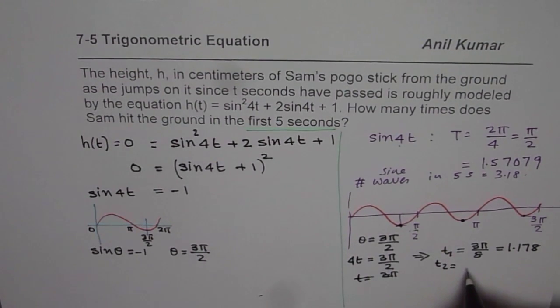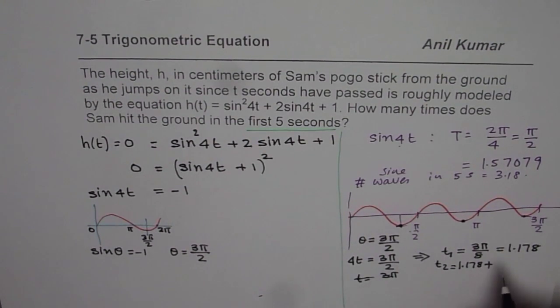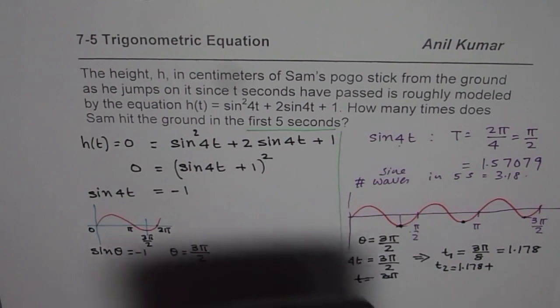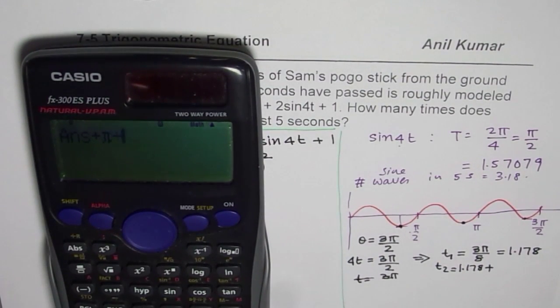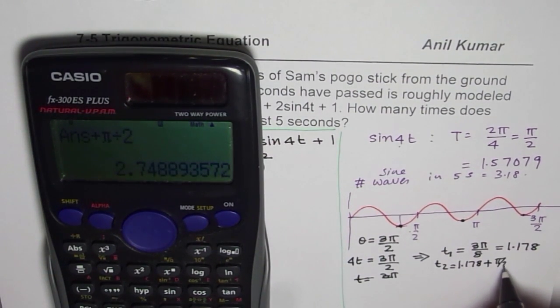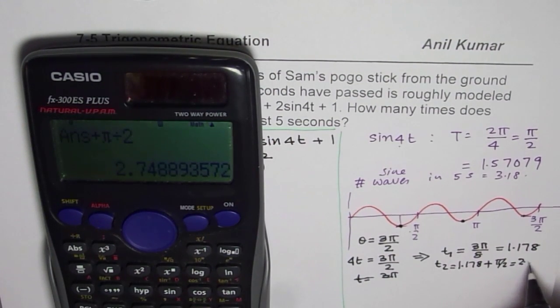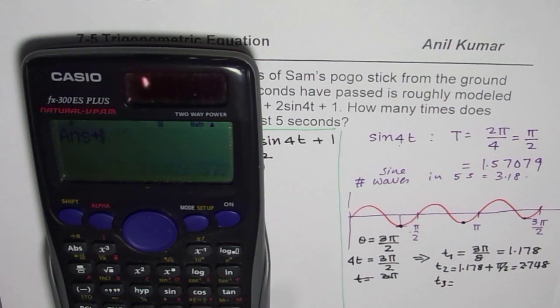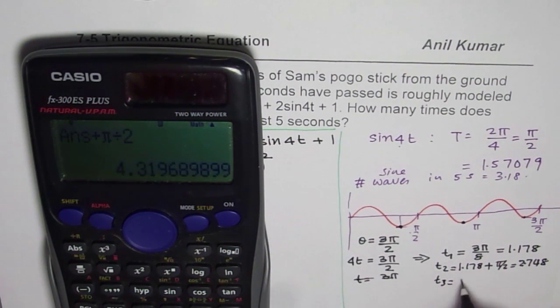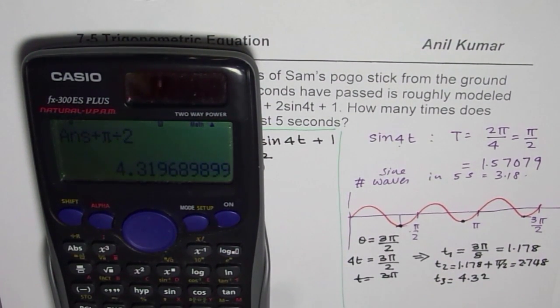Then the next time it is going to be 1.178 plus pi by 2, which gives us 2.748. And then the third time, we add pi by 2 again, which equals approximately 4.32.